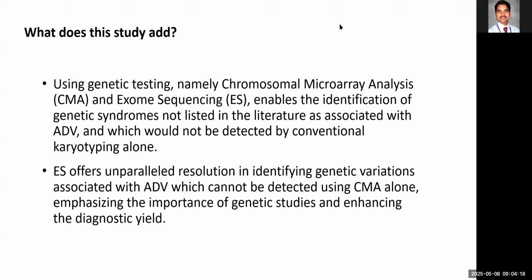The other one was referred for persistent extension of the knee joint. So we made a diagnosis of congenital dislocation of the knee, genu recurvatum. But because there was DVSS, we put the needle. Otherwise, we would have told them, nothing to worry, this can be tackled postnatally.